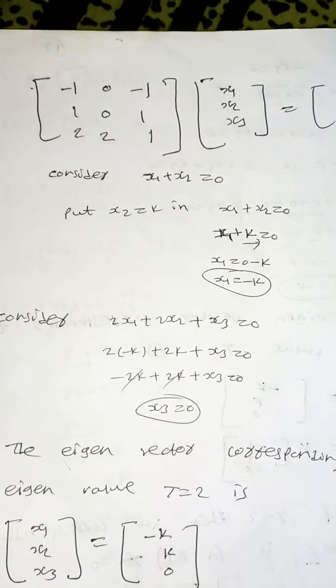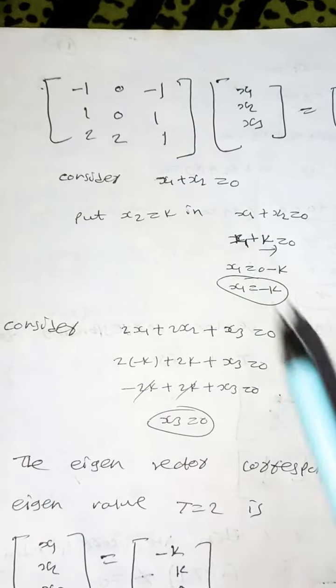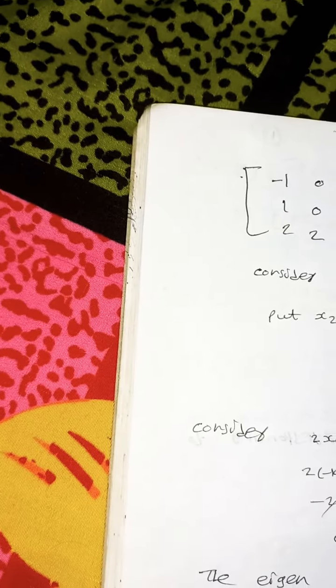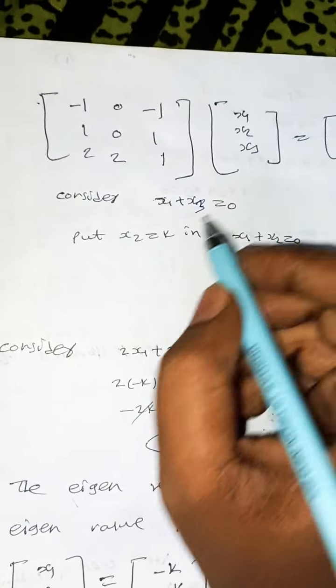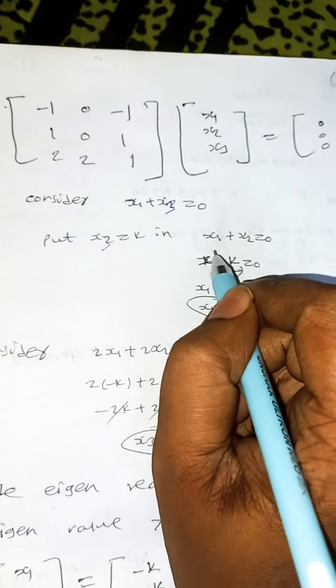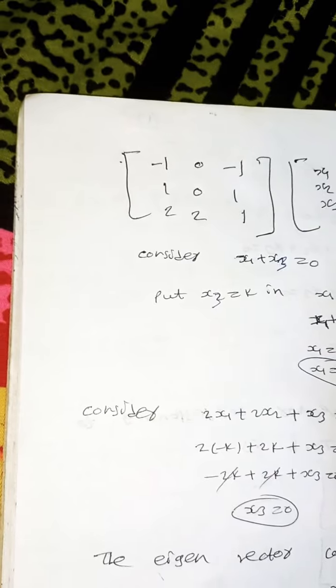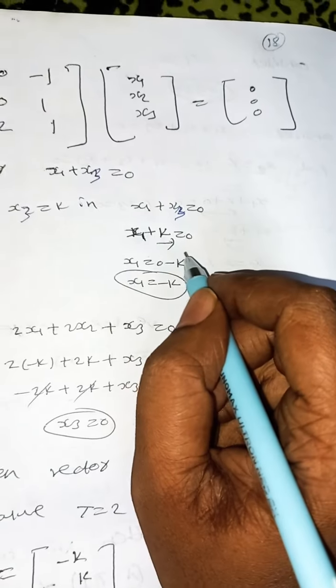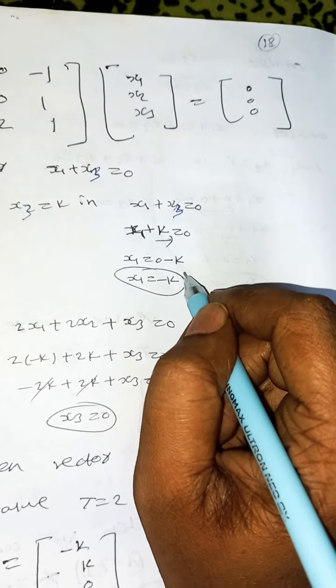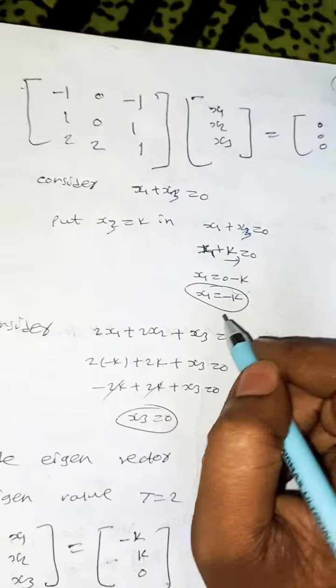On simplification, x1 plus x3 is equal to 0. Now put x3 equal to k, then x1 plus k is equal to 0. Sending k to the other side, plus will become minus, so 0 minus k is minus k.